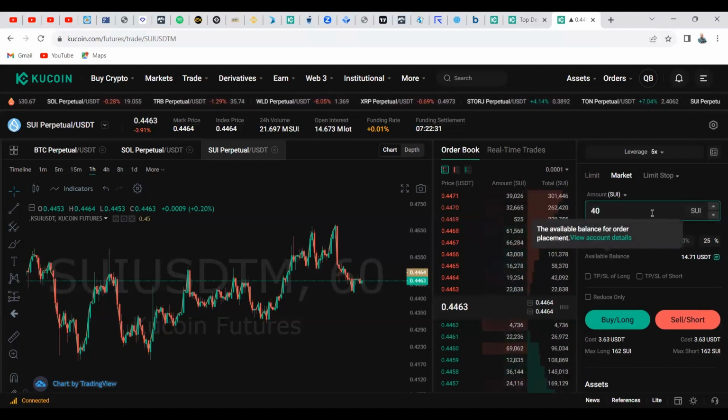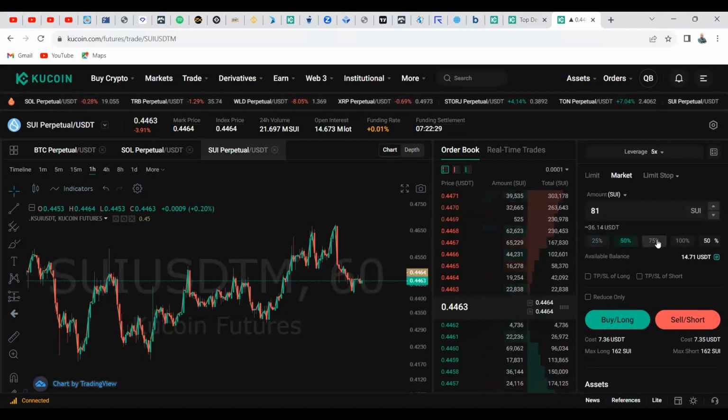And if I look at say 50% or 75 or 100%, we can see approximately how much it is going to cost me in terms of the quantity.